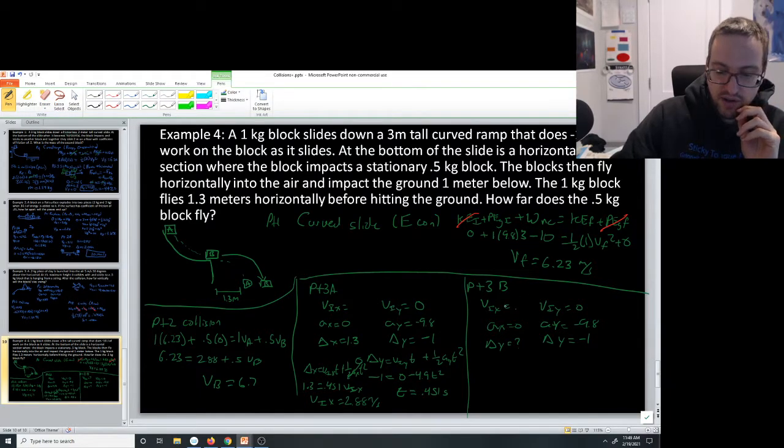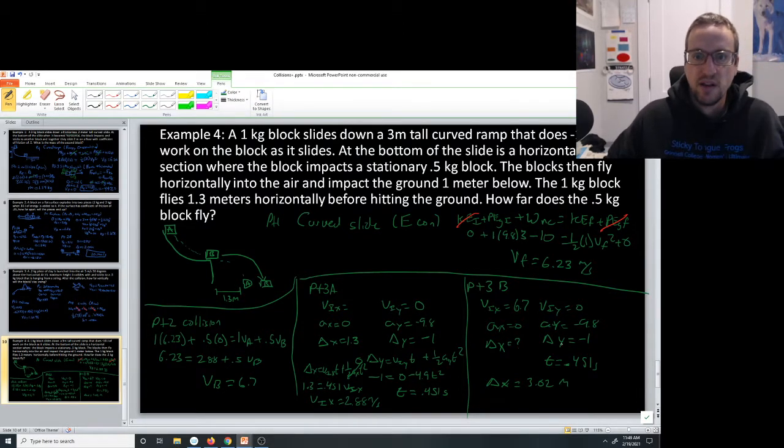This is now 6.7. My time, it turns out, is going to be the same, 0.451 seconds, which means my change in x is going to be 3.02 meters. And so B flies 3.02 meters across it.